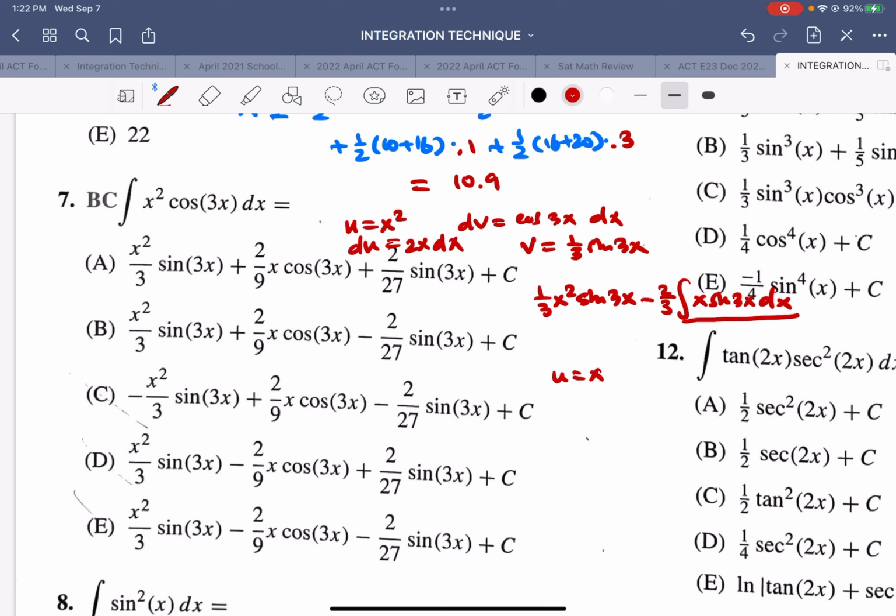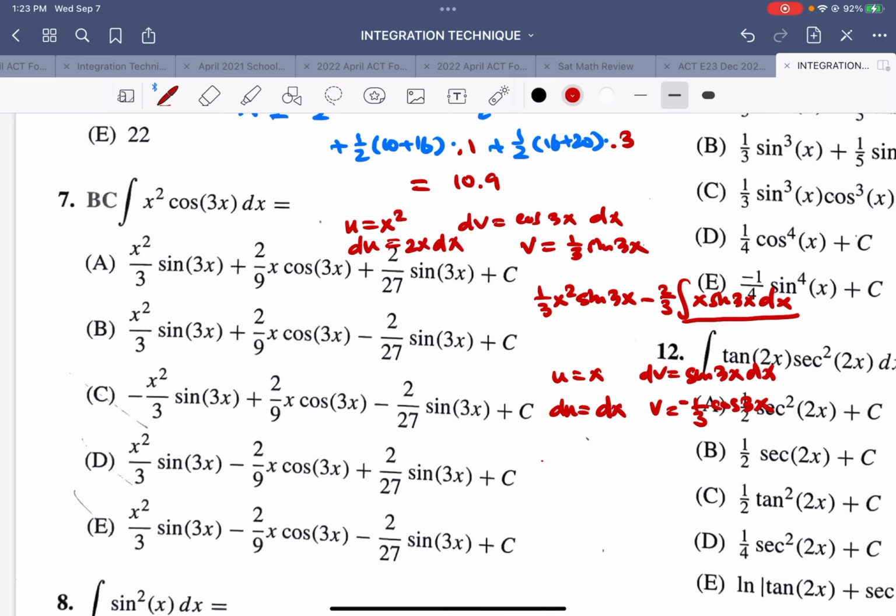So u equals x, and then dv is sine 3x dx. So du equals dx. v, if you consider also the chain rule, is 1/3, minus, because the derivative of cosine has a negative sign. So minus 1/3 cosine 3x.